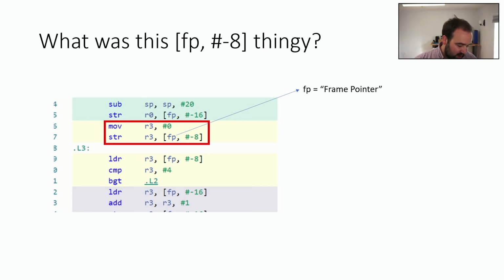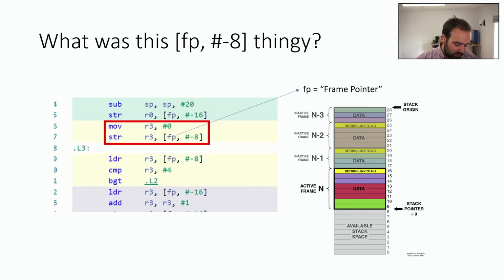So I mentioned briefly this frame pointer, FP, is basically a location for where the stack frame is right now in memory. The stack and stack frame should have been covered in your operating systems course. But really briefly, this is the location in memory that's growing as you do different calls.